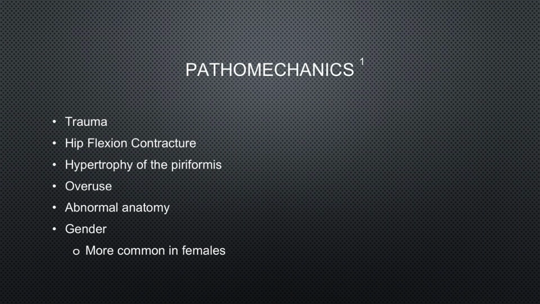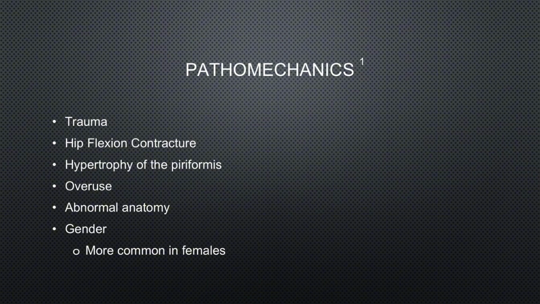So some causes of why this happens, one being trauma to the sacroiliac or gluteal region, and this results in a hematoma formation and scarring between the sciatic nerve and the external rotators and the piriformis.